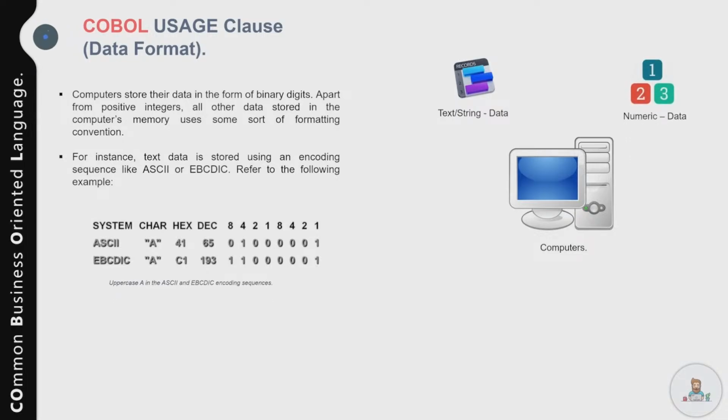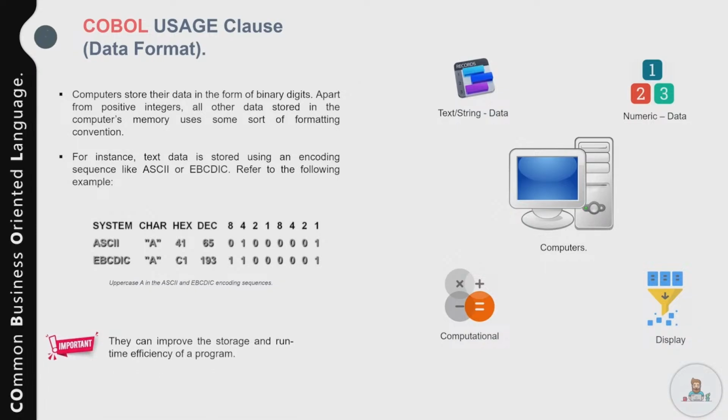An encoding system is simply a convention that specifies that a particular set of bits represents a particular character. For instance, the following figure shows the bit configuration used to represent an uppercase A in the ASCII and EBCDIC encoding sequences. From a numerical data perspective, COBOL as a programming language gives you a lot of control over how numeric data is held in memory.